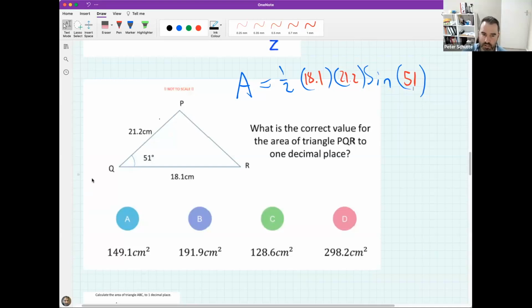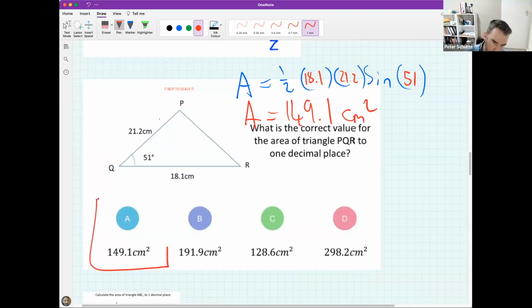And indeed, you should be getting 149.1 centimeters squared, which is A.